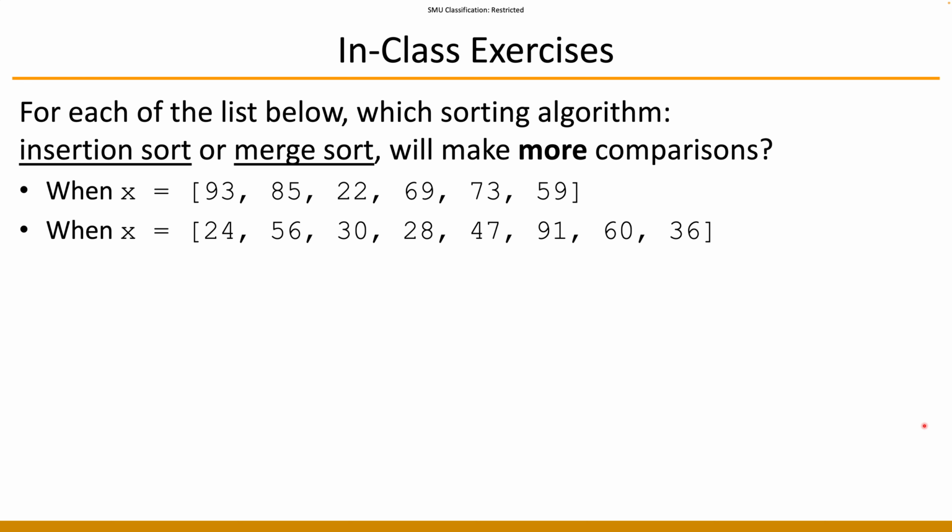We already know that in terms of complexity, merge sort is better than insertion sort, but in terms of the actual number of comparisons, it's hard to say. That's why we give you these 2 very specific examples. Try to quantify exactly how many operations will be needed by both sorting methods.